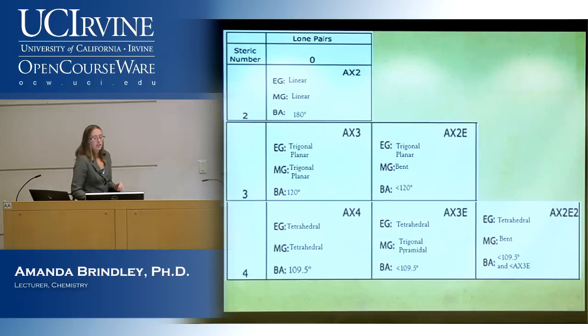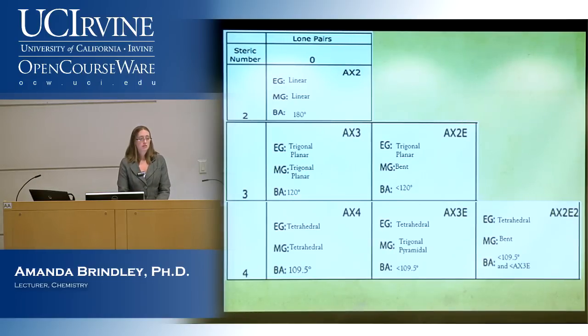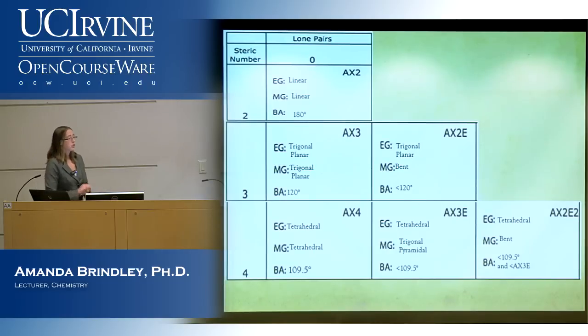Okay, so if we have a steric number of 2, how many hybrid orbitals do we need? 2. Whatever your steric number is, that's how many orbitals you need. So if we need 2 orbitals, how many orbitals do we start with? 2. So what orbitals are we starting with?